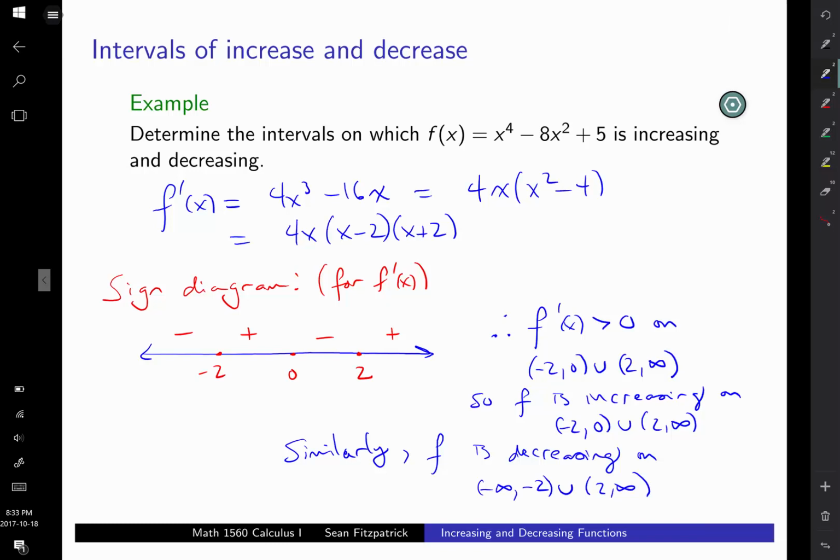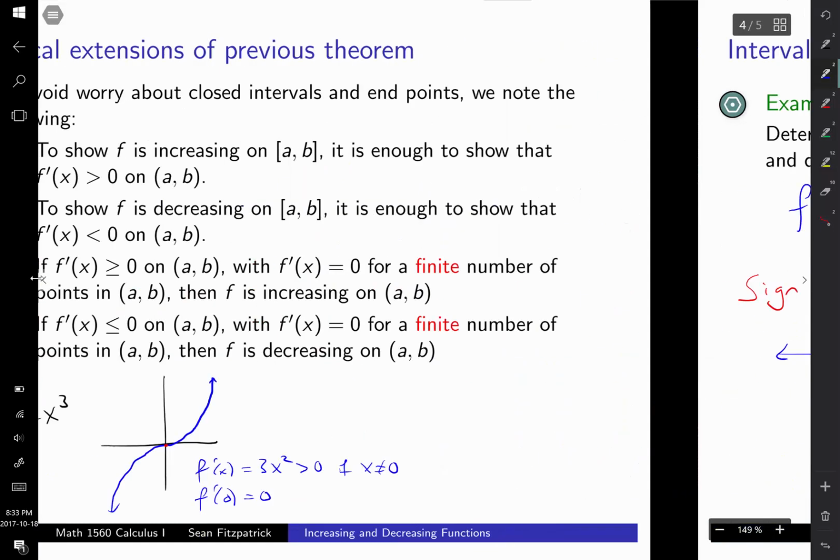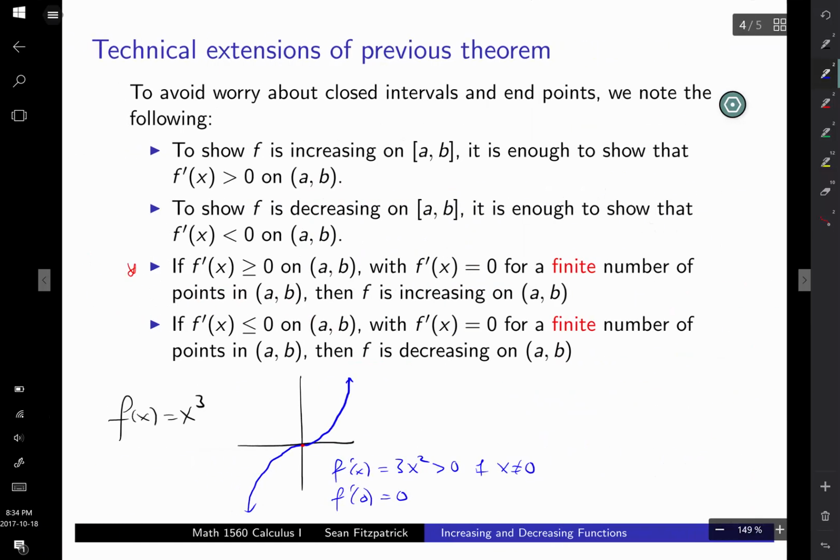Okay, and by the way, just coming back to this x cubed example we had a second ago, if you were to look at the sign diagram for this one, there's only one 0, at 0, and you've got plus plus on either side, right? So the derivative doesn't change sign as you pass through 0.